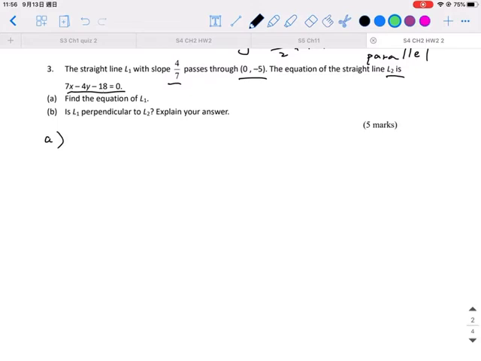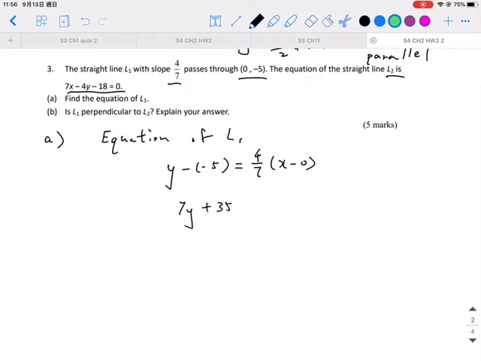So it's easy, because we have the slope and the fixed point, right? That means y minus -5 is equal to 4/7 times x minus 0. Okay, I just multiply 7 to the left hand side. That means 7y plus 35 is equal to 4x. So 4x minus 7y minus 35 equals 0.